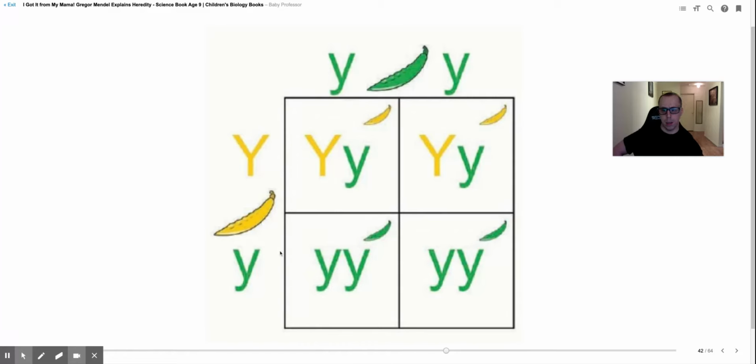But this parent pea plant carries the green trait. So consider this like the blue eyes. And this parent here carries the dominant yellow and the recessive green. So we have 3 green alleles in this shape and only 1 yellow, the dominant yellow.